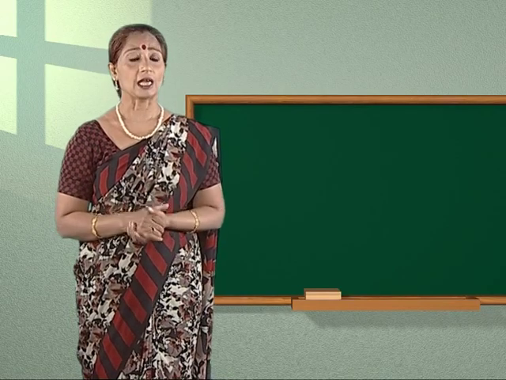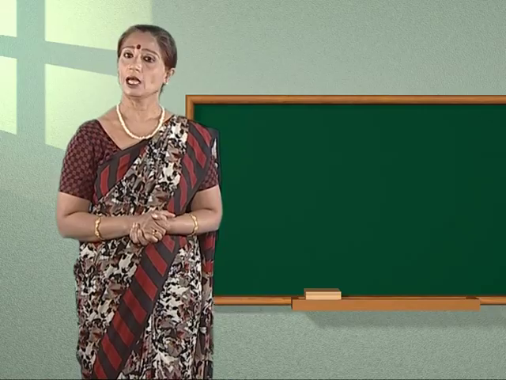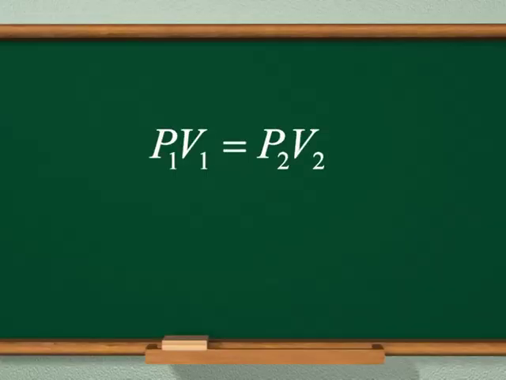Also, during an isothermal change, if P1 and V1 are the initial pressure and volume, and P2 and V2 are the final pressure and volume of the gas, then P1 V1 is equal to P2 V2.